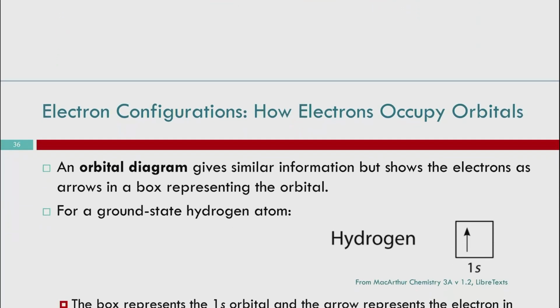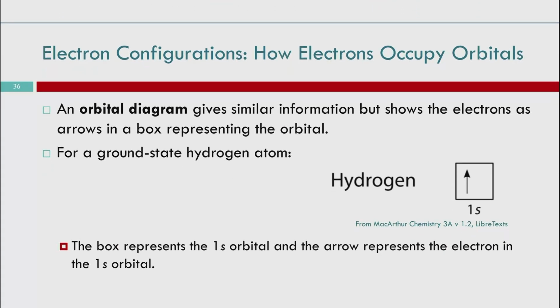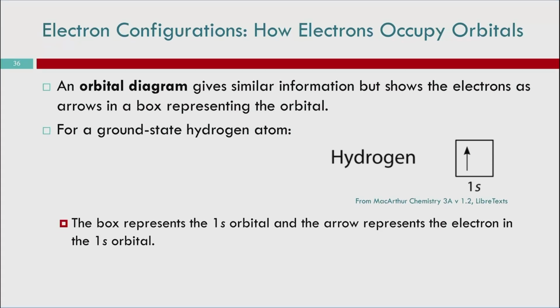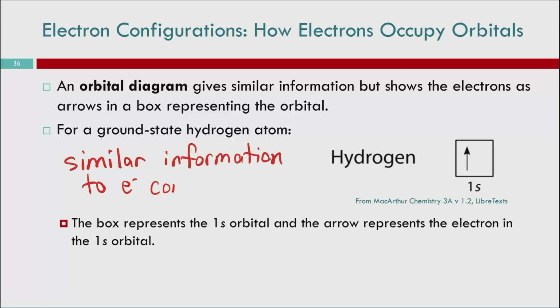We can also do a graphical representation. This is sort of analogous to an electron configuration. This is an orbital diagram. It's similar information to our electron configuration, however, we're showing an extra property.